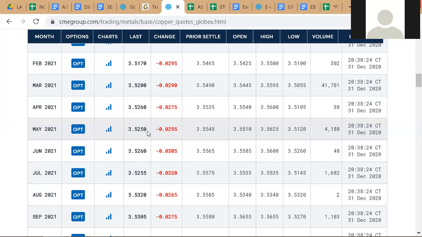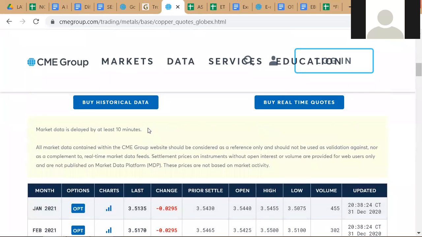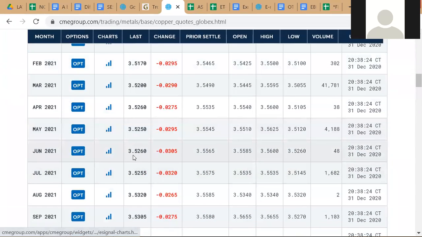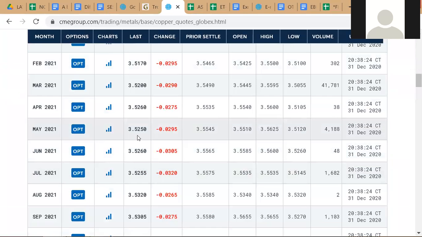In this case there will be, because that will again be through options. There are futures options on this. Remember, if you go here you can see that options are listed on these contracts. So this is the same logic we had for May 2021. You look at the options.